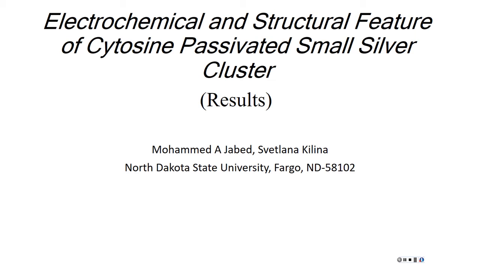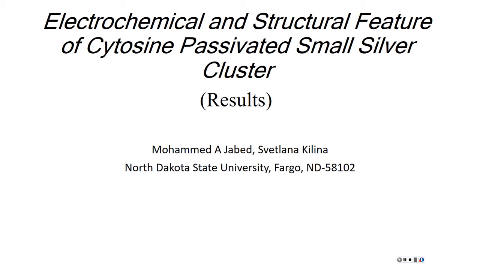We also found out that the structural geometry and conformation of the silver cluster depend on their oxidation state. So if you want to know the structure or conformation, it's very important to define it from the point of view of the reduction potential.